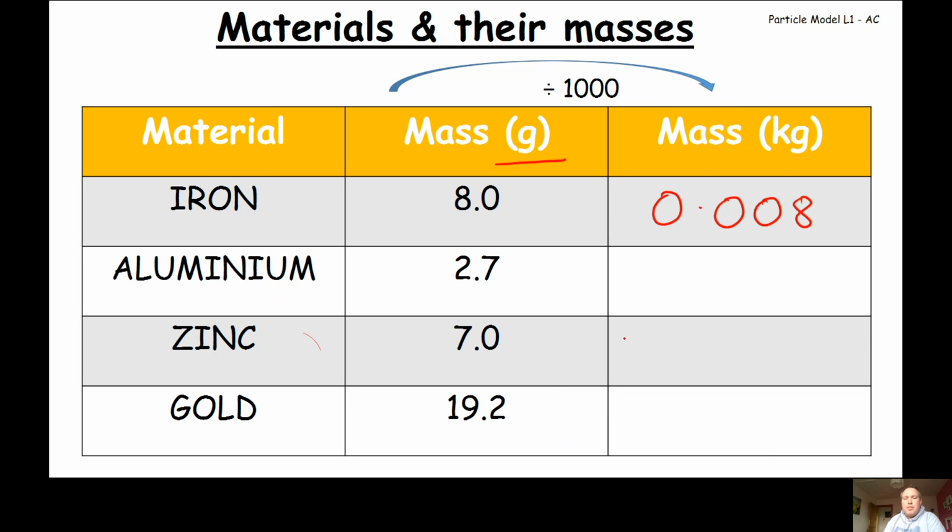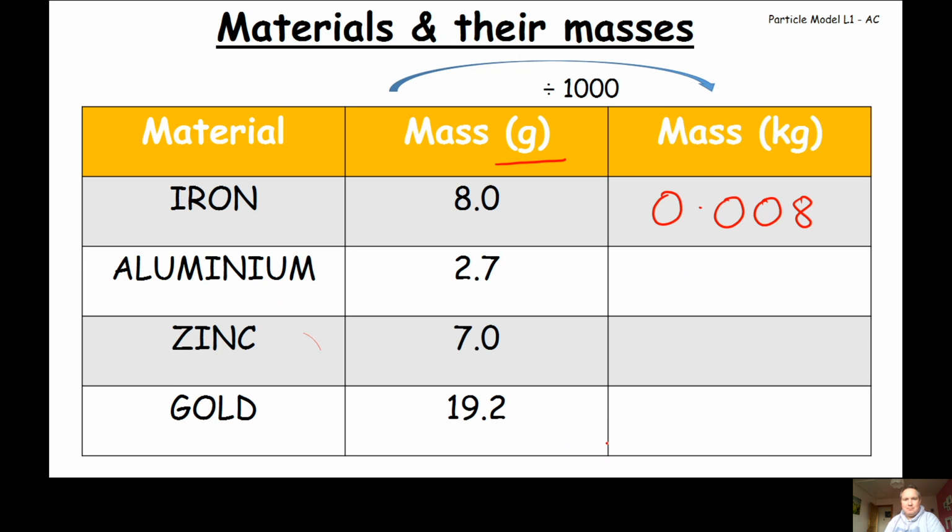I want you to work out the masses of the other 3 blocks of metal. Pause the video now and type the answers onto your worksheet. We'll check the answers when you press play.